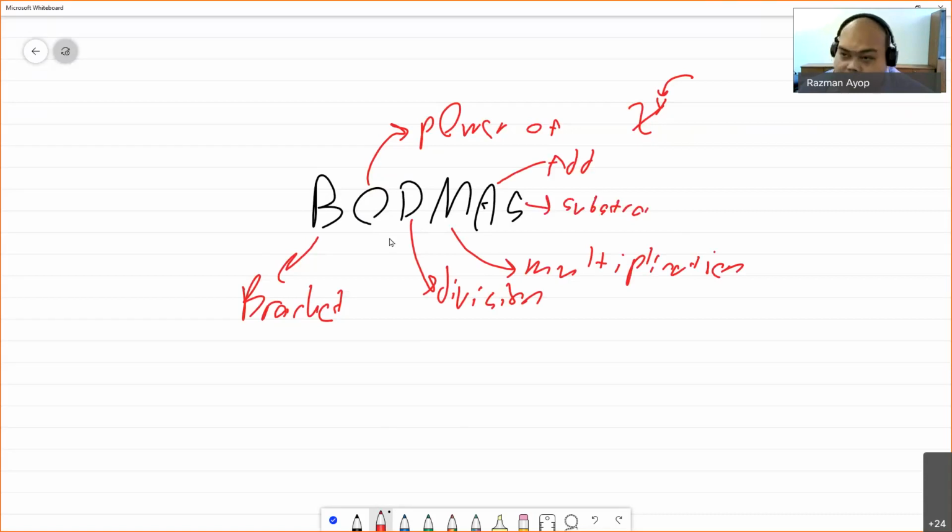Make sure that you follow this rule. You solve the bracket and then the power first, then division, then multiplication, and then addition and subtraction. You have to follow this when it comes to MATLAB.